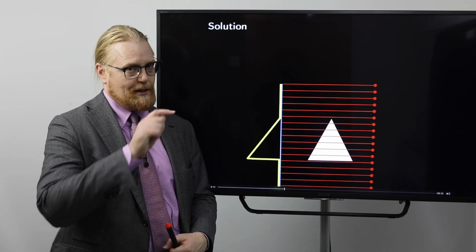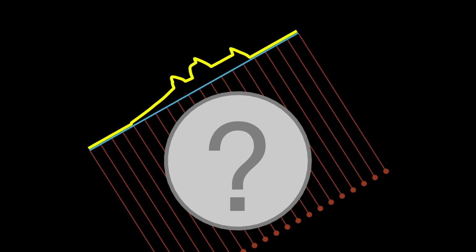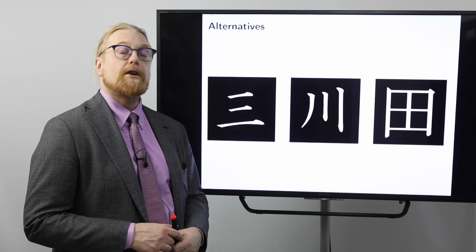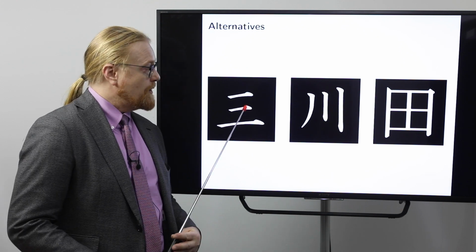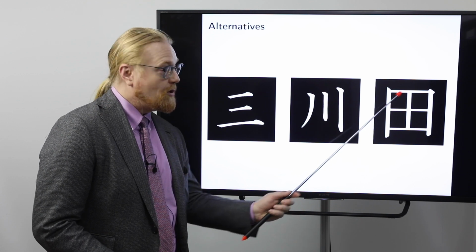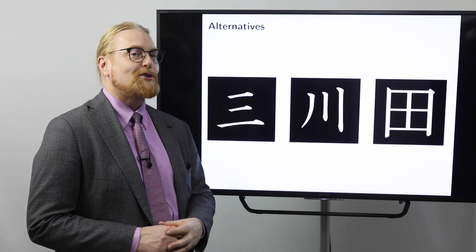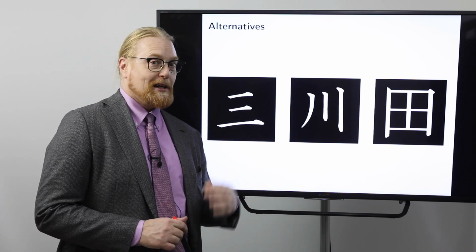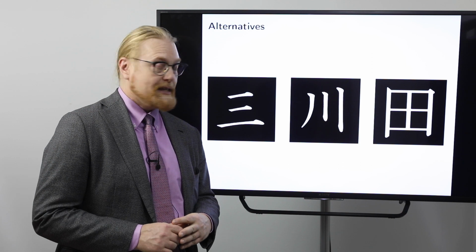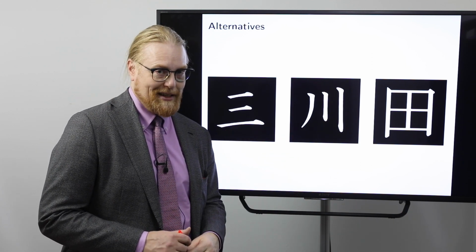Okay, let's go to a more difficult one. This is a written character, not from the Western alphabet though. This is a Chinese character. It's one of these: it's either 3, or river, or rice paddy. So I encourage you to go back a little bit in the video, watch the data again, and try to deduce which one of these produced the data.